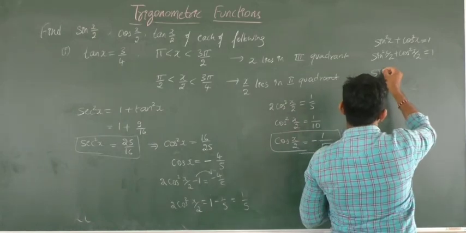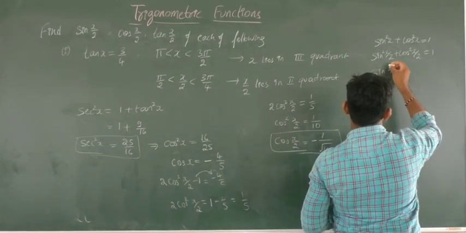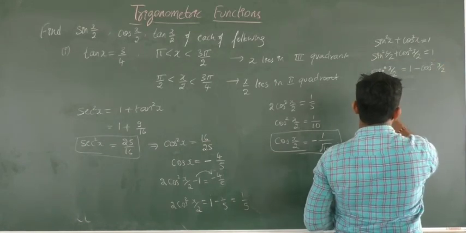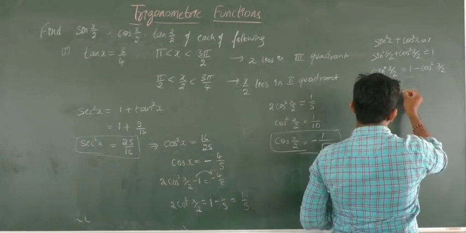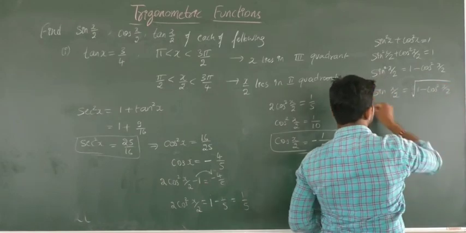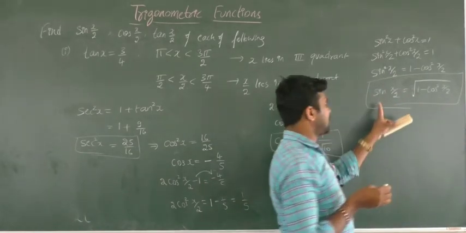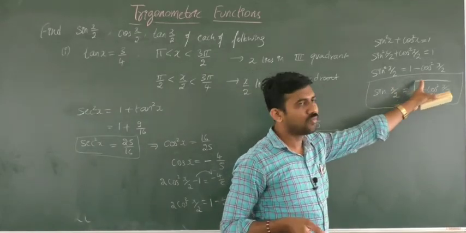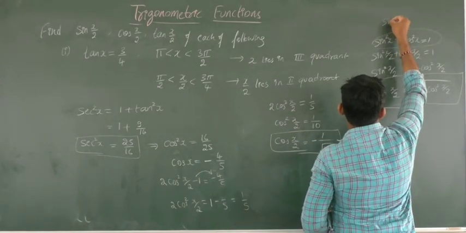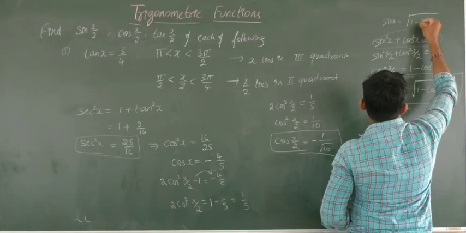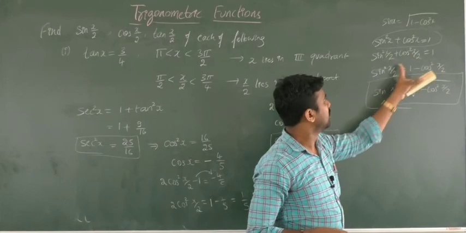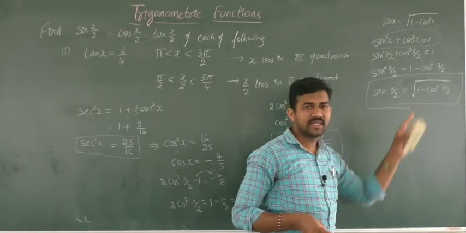And by this we can say sin square x by 2 is nothing but 1 minus cos square x by 2, or sin x by 2 is nothing but the square root of 1 minus cos square x by 2. This is a very important formula. By this we can write sin x is equal to root of 1 minus cos square x. Like this, here also we can say sin x by 2 is equal to root of 1 minus cos square x by 2.